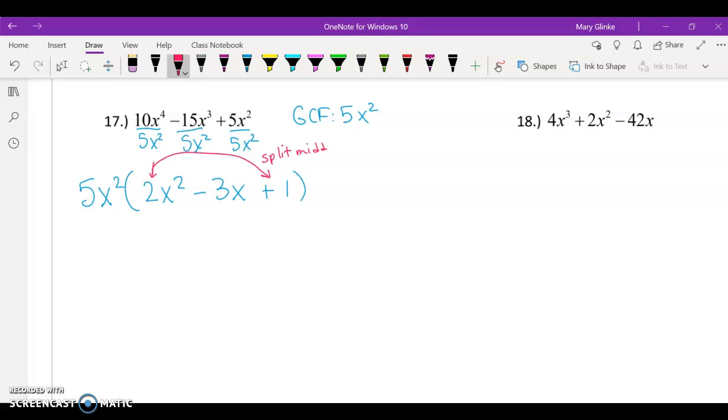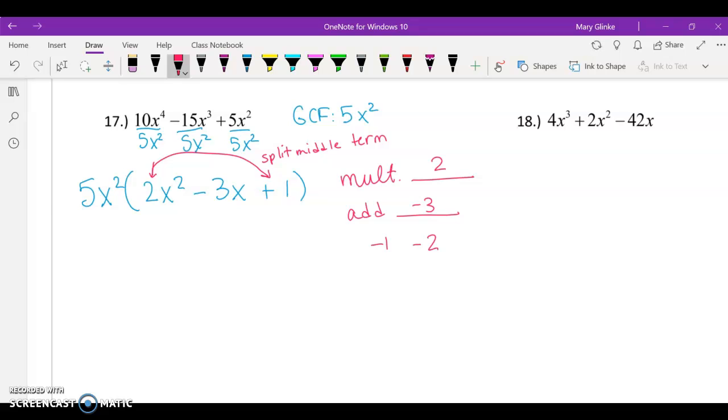What we're going to do is multiply A times C. We are looking for what multiplies to get 2 times 1, and yet adds to get B, which in this case is -3. So when you're thinking of your numbers, what multiplies to get 2, it has to be 1 and 2. And for the adding part, if they're both negative, that would give us -3, and it would still multiply to get a +2.